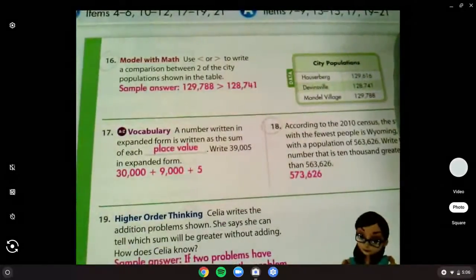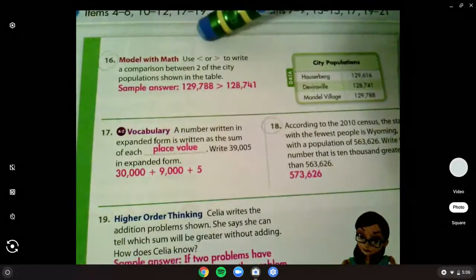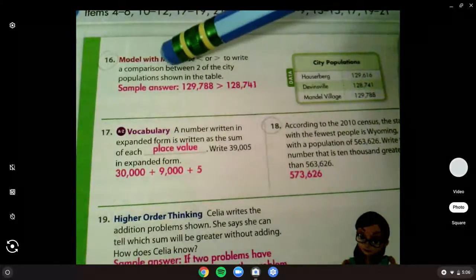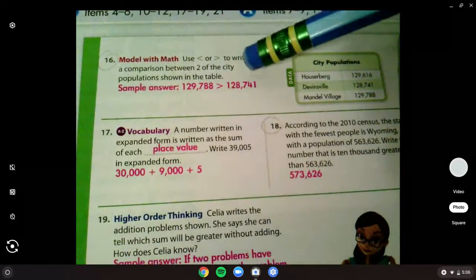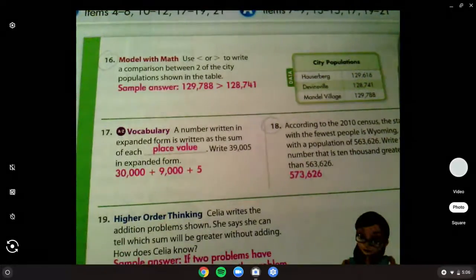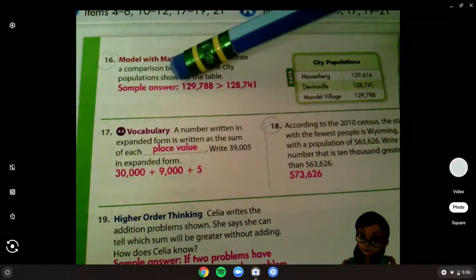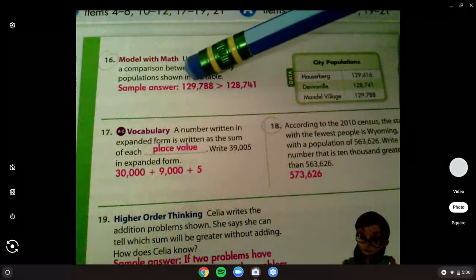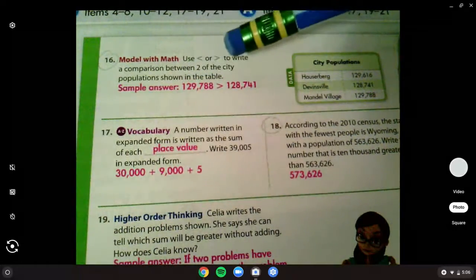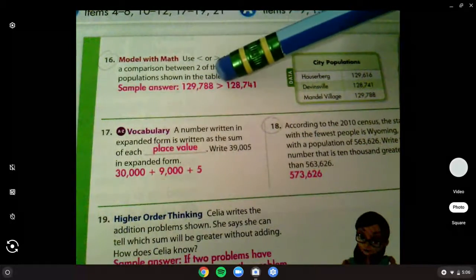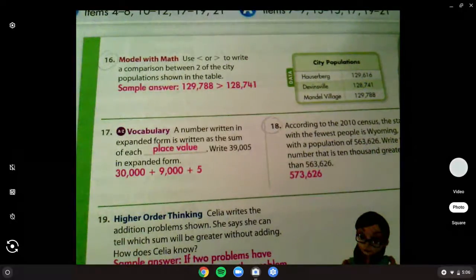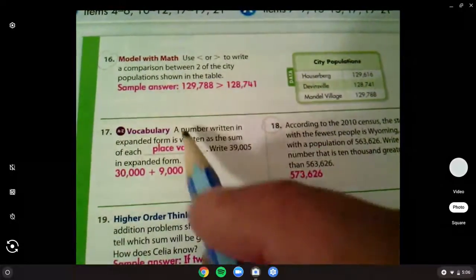All right, let's look on the next page, number 16. So it wanted you to use the greater than or less than sign to write a comparison between two of the city populations shown. So one example could be 129,788 is greater than 128,741.